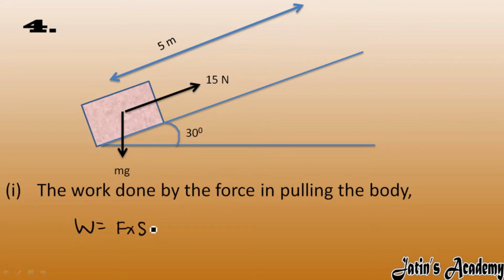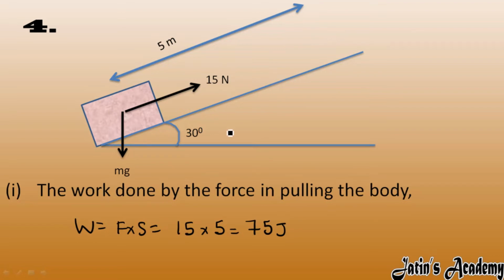So the force in this case is 15 Newton, and the displacement on the inclined plane is 5 meter, so here we got 75 joule. So in this case the work done is 75 joule. Now why we have not applied cos theta, this concept must be clear.